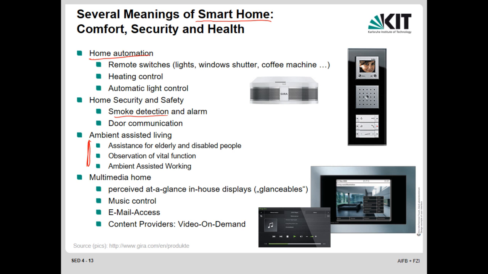So this is a relevant scenario. Also multimedia home, there are displays where you can control the music. You have email access, you have all kinds of communication interfaces meanwhile that are offered just by some displays in your house. So this is the typical smart home interface.